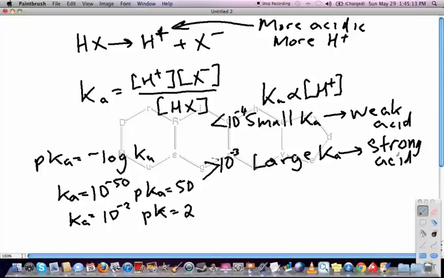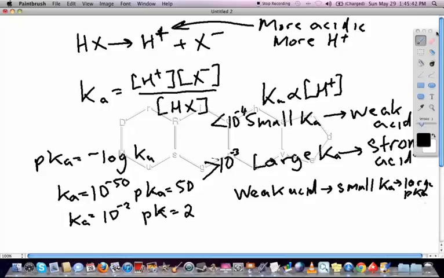So what we can say about weak and strong acids here: a weak acid has a small Ka but a large pKa. And then if we look at a strong acid, we could say the reverse is true.